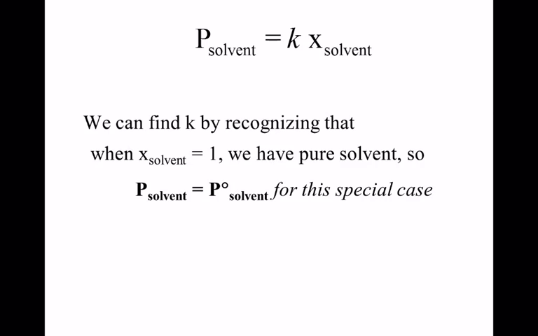So if we go with the pure solvent, the mole fraction of solvent is 1, and the equilibrium vapor pressure of the solvent would be P naught because it's pure. In that special case, we can substitute and find that our constant K is the pure stuff. So K is the pure stuff.